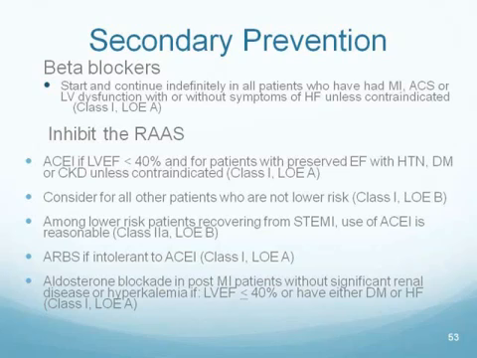Other things that are recommended are to inhibit the renin-angiotensin-aldosterone system. So here the recommendations are if people have an ejection fraction less than 40%, or if patients have what we call a preserved ejection fraction, but they have hypertension, diabetes, or chronic kidney disease, again, an ACE inhibitor should be given.